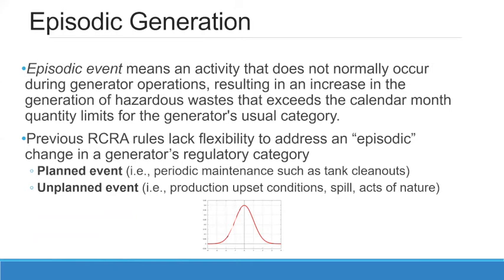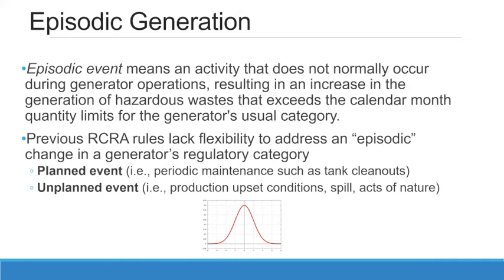So as most of you know, I think that on September 1st of 2020, Wisconsin passed some new and updated rules. And one of the nice pieces that we were able to promulgate was the episodic provision. The episodic provision allows a VSQG or an SQG generator to maintain their existing generator category, provided they follow the episodic requirements.